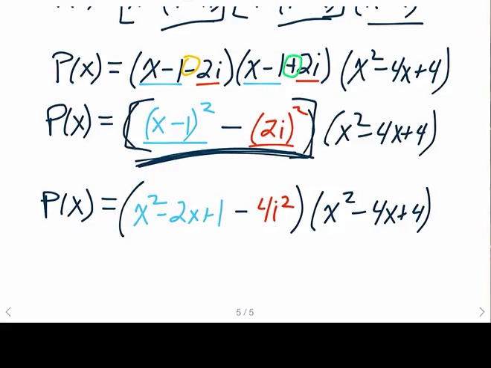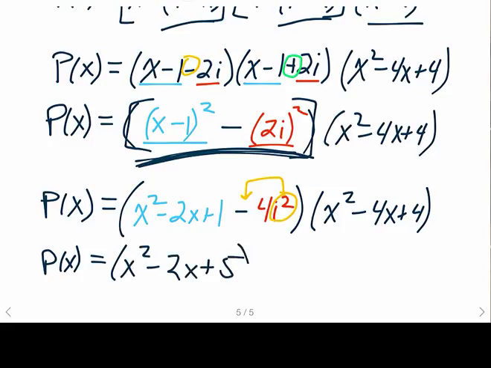Now, remember that i squared is negative 1. So that's going to turn this into a plus 4 inside that set of parentheses. P of x now equals x squared minus 2x plus 5, that quantity times the quantity of x squared minus 4x plus 4.